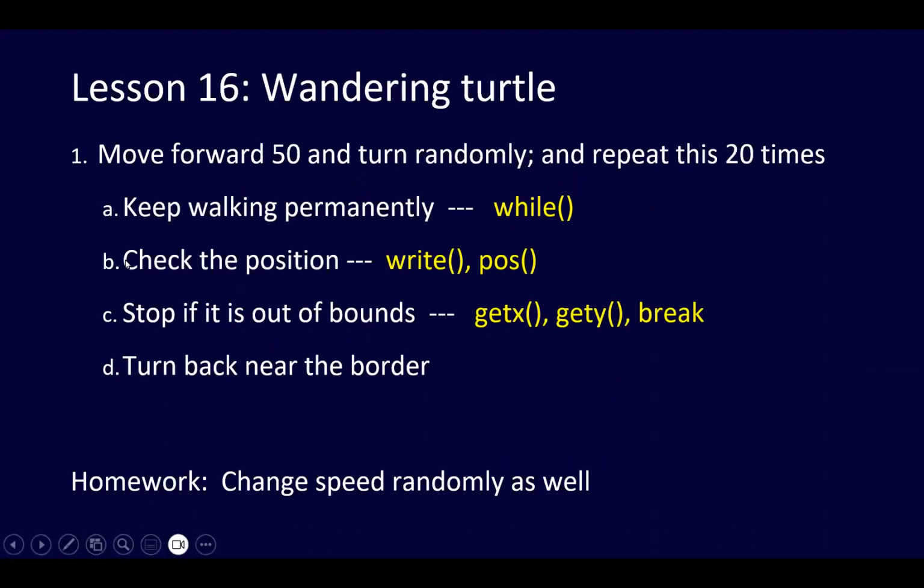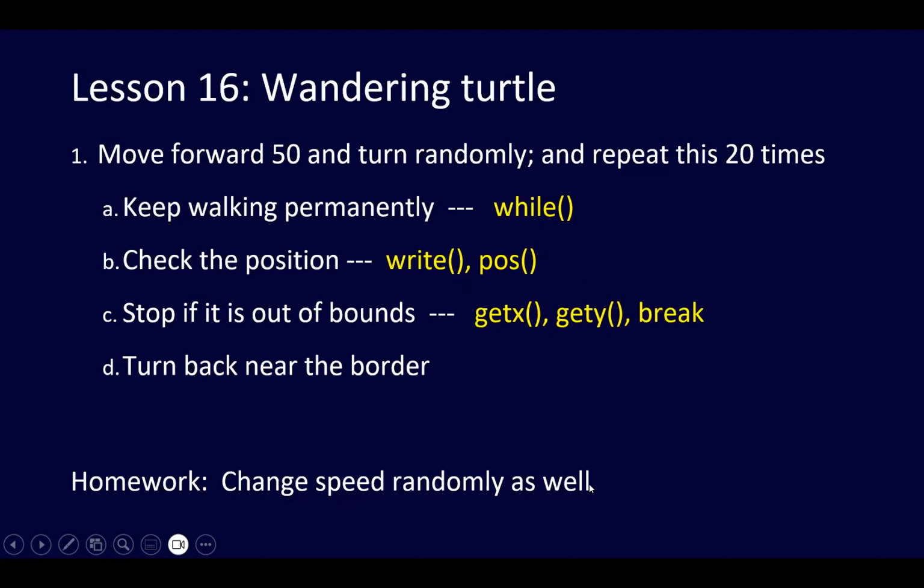In the meantime, we learned to use while to make an infinite loop, t.pos to get the position of the turtle, and also get x for the x coordinate, get y for the y coordinate, and break for breaking out from the while loop. So homework: change speed randomly as well.